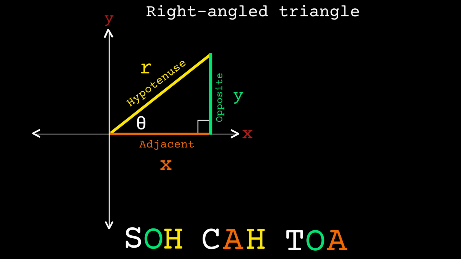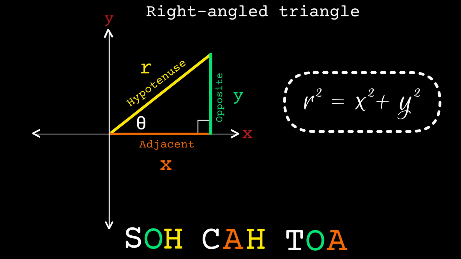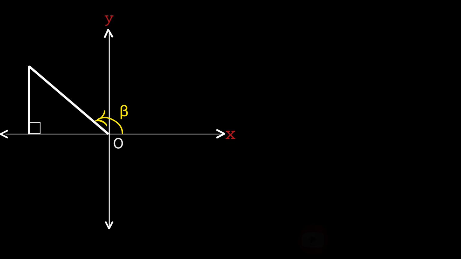We can make use of the Pythagoras theorem to find the length of an unknown side in the right-angled triangle. Perhaps you are given the length of the hypotenuse side, which is the value of r, and the opposite side, which is the value of y, and you are looking for the adjacent side. To find x, we can use the Pythagoras theorem, which is r squared equals x squared plus y squared.